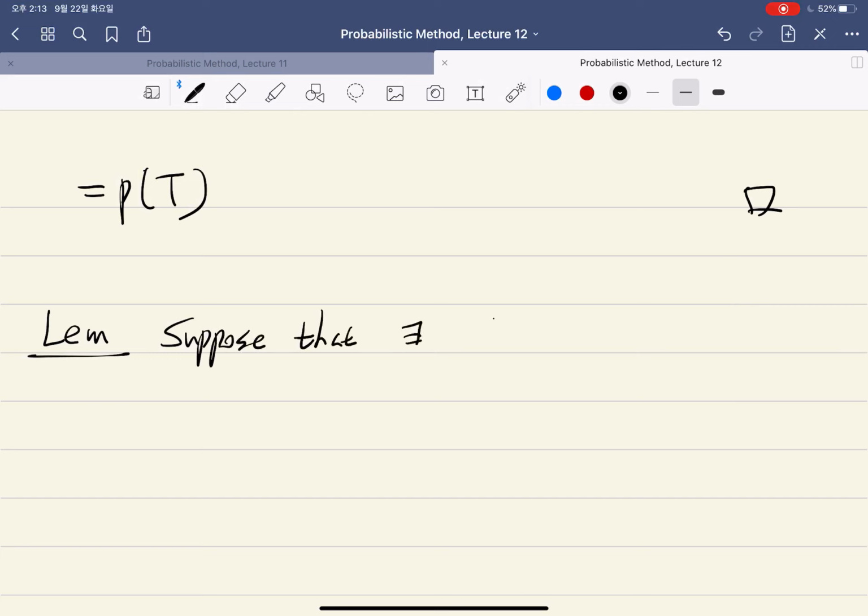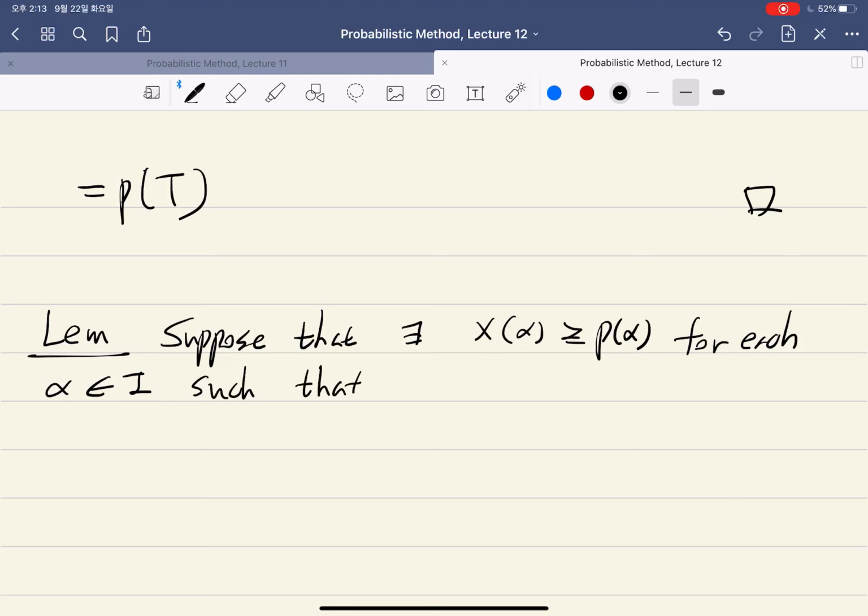Suppose that there exists some number x alpha, which is bigger than or equal to p alpha for each alpha in I, and which also satisfies this relation.